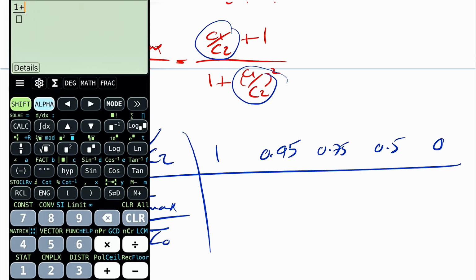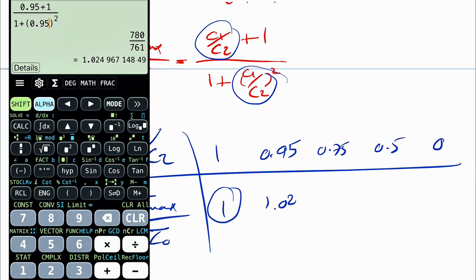So for the first one, we have 1 plus 1 over 1 plus 1 squared. So for the first value of C1 over C2, we get 1. For the second one, I'm going to put 0.95 here, and for 0.75 what we're going to get will be 1.12.